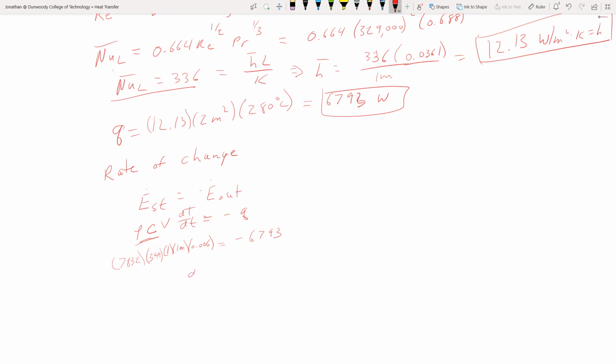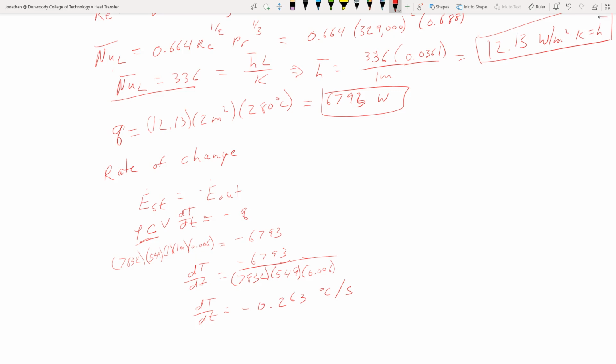So dT/dt is negative 6793 over 7832, 549, 0.006. dT/dt then is negative 0.263 degrees Celsius per second.